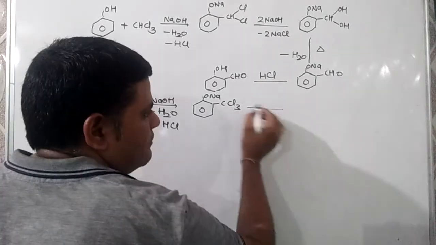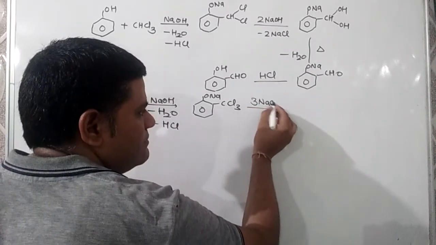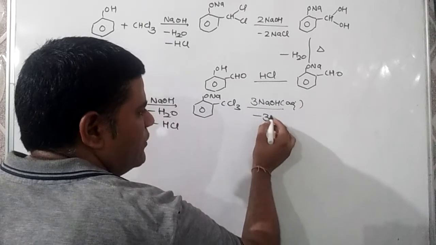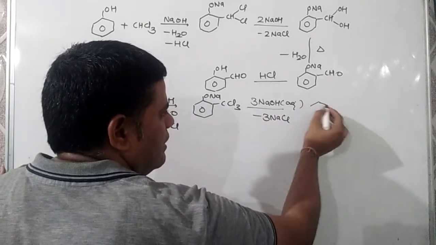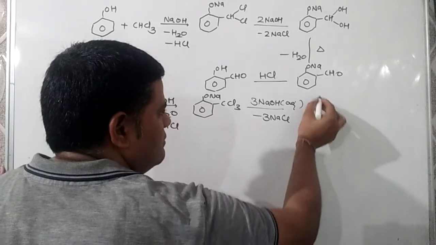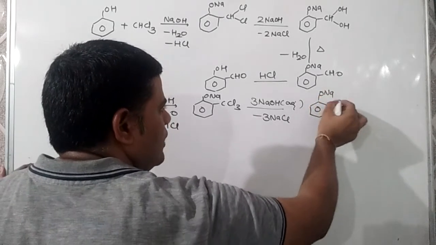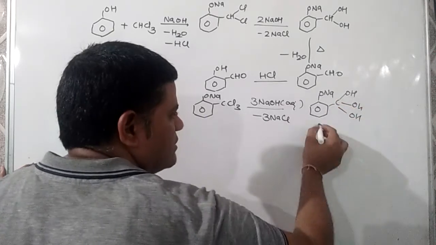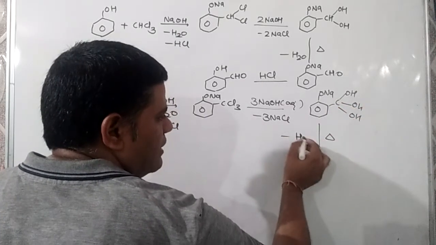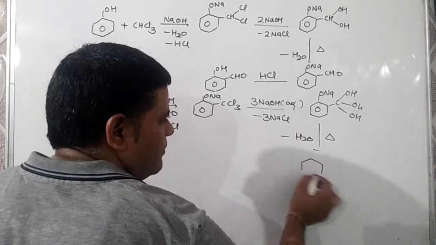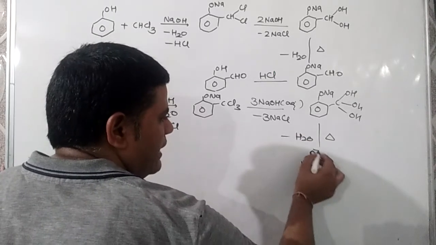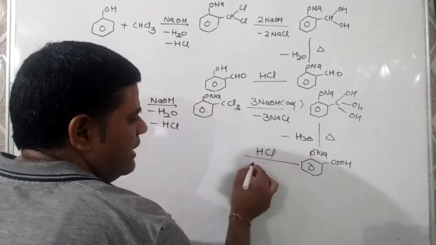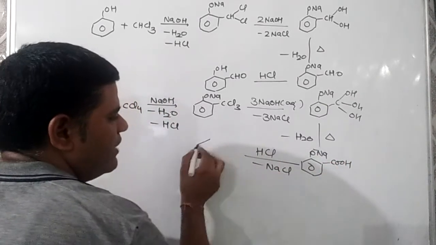Then this reacts with aqueous NaOH, 3 NaCl molecules are removed and the carbon should have 3 OH over it, and this already removes water. That's why this compound is going to be formed, ONa and COOH, and this can react with HCl.